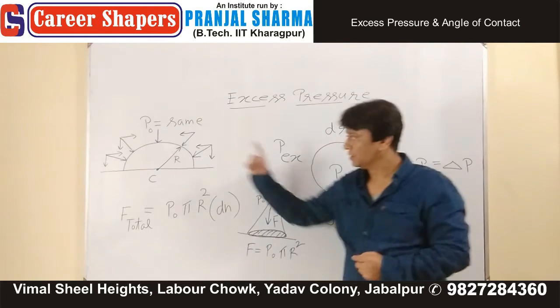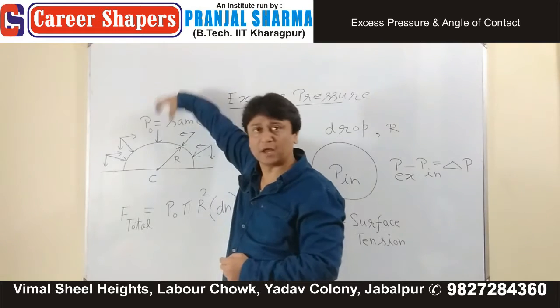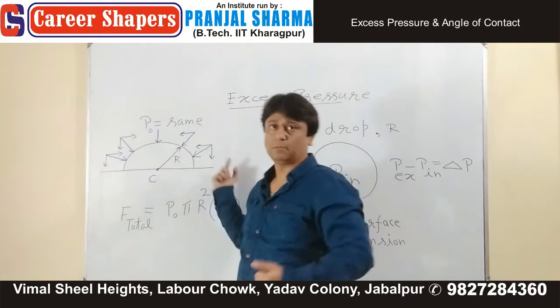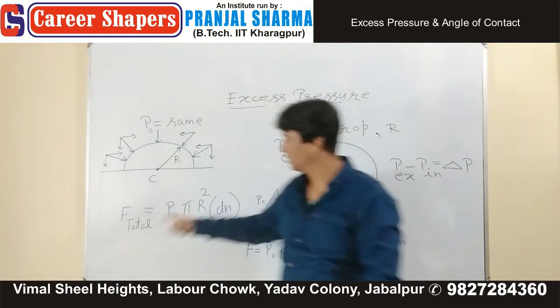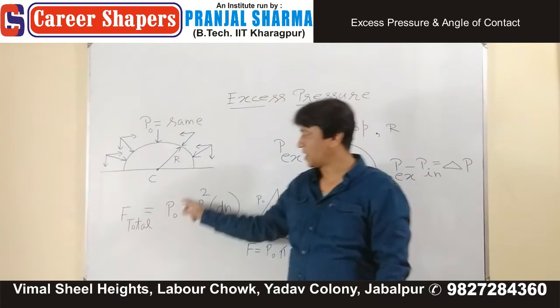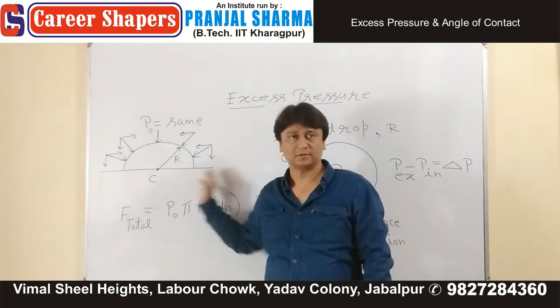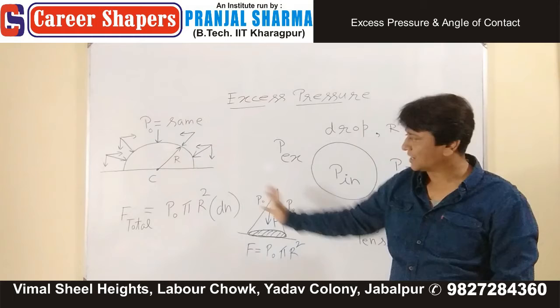Circular. Light coming from this side, screen, what type of shadow? Again a circle. What is the area of the circle? Pi r square. So this pi r square is the area of that projected surface. Note down this as a side result.